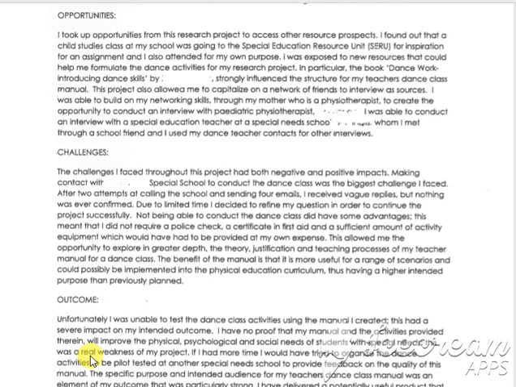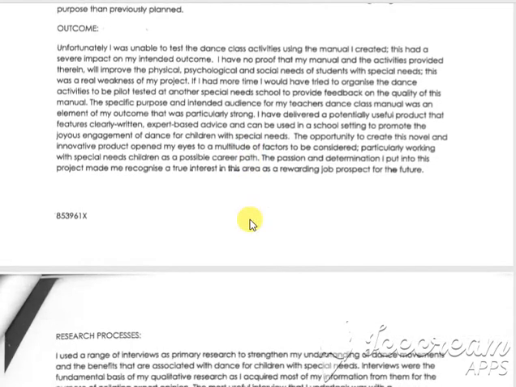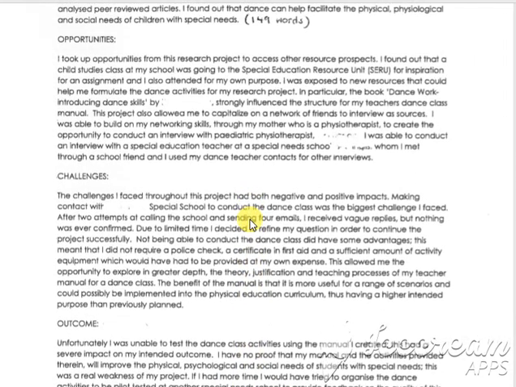This is the first section. She's talking about how she had an opportunity to go to a special school, but she had challenges: she had to refine her question, or she couldn't actually conduct the thing she said she was going to, etc., etc. That section is approximately 500 words.